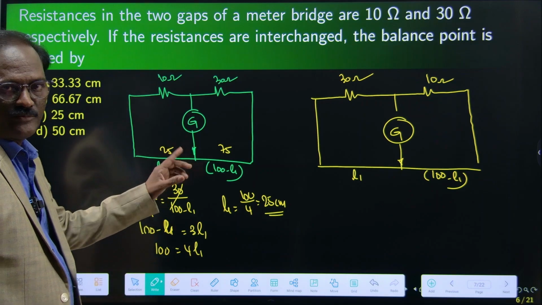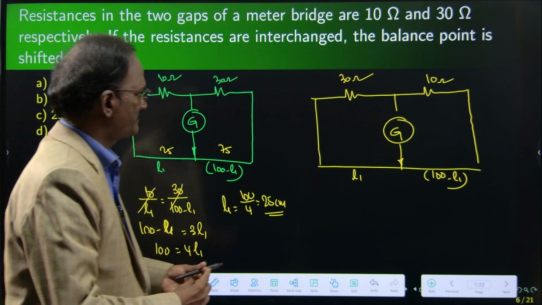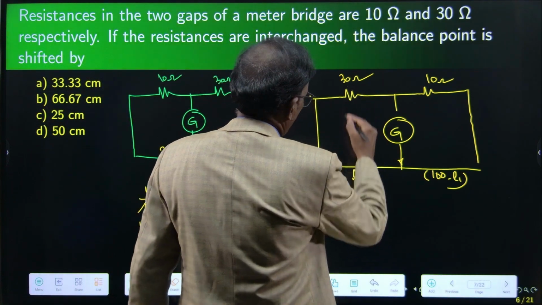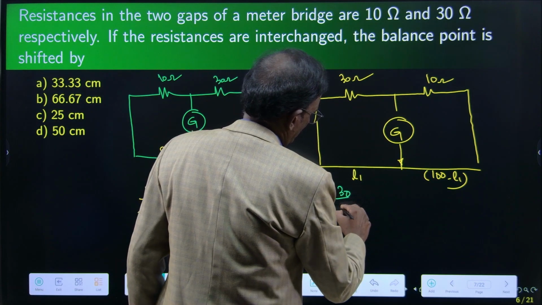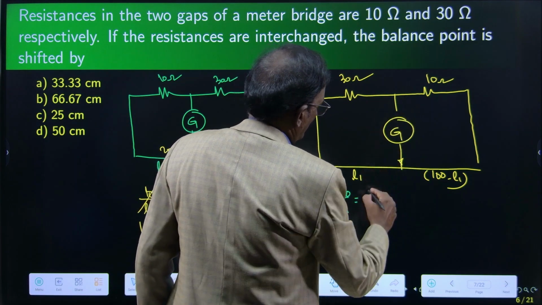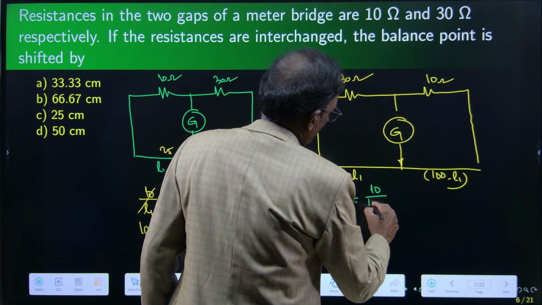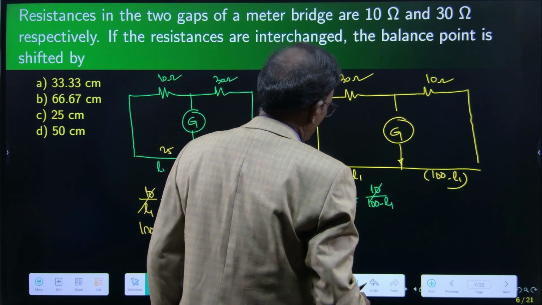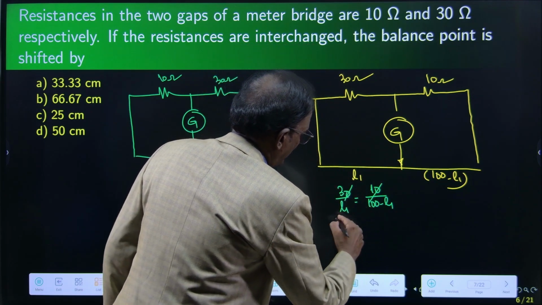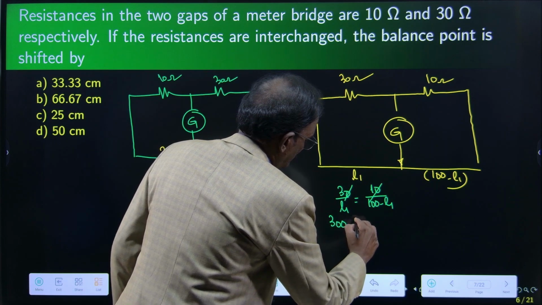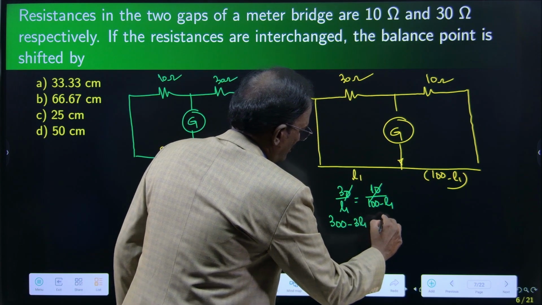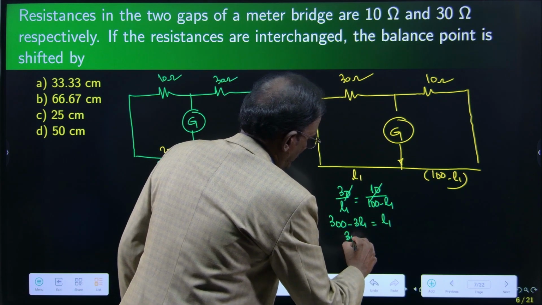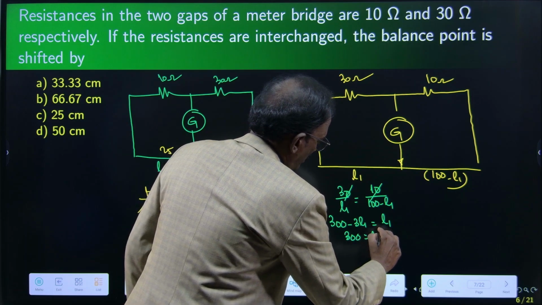This is how the jockey point is moving. And here 30 by L1 must be equal to 10 divided by 100 minus L1. As usual, I am removing 3. So 300 minus 3L1 is equal to L1. So 300 is equal to 4L1.